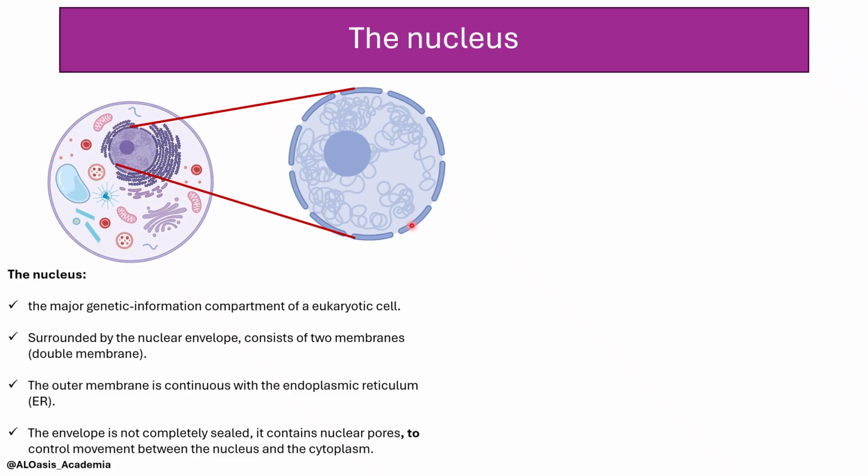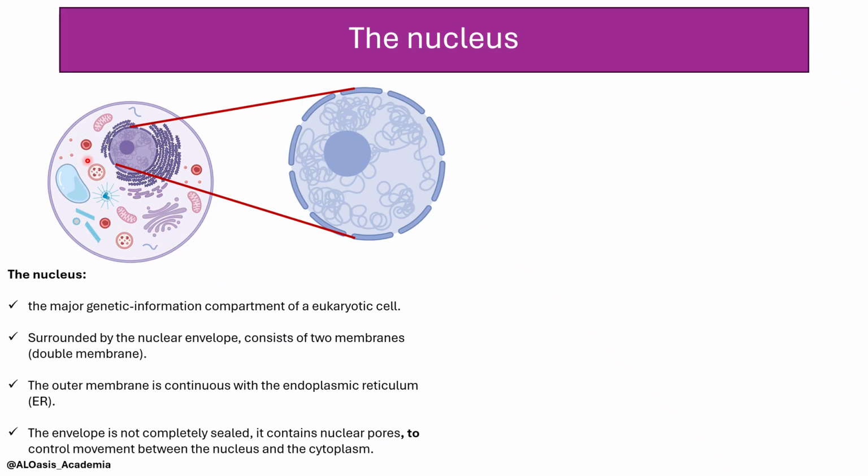You also need to understand that, as you can see in the image here, the nuclear envelope is not completely sealed. It has these small holes in it. The main function of these holes is to allow materials to move from inside the nucleus to the outside and vice versa. So all this area within the cell, the empty spaces within the cell, is called the cytoplasm.